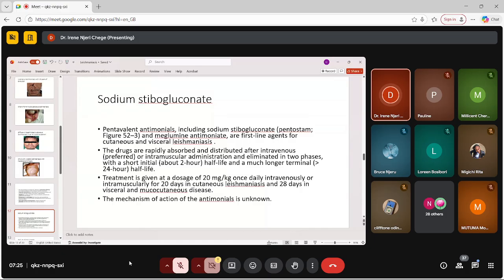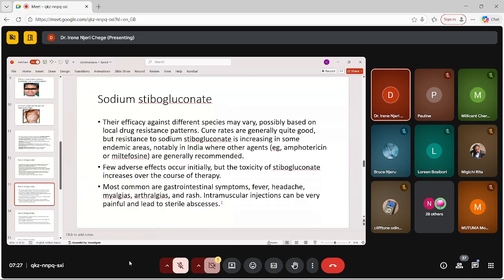When it comes to adverse effects, initially there are few adverse effects, but over the course of therapy, the stibogluconate can cause GIT symptoms, and CNS symptoms like headaches and fatigue, and of course pain at the intramuscular injection sites.